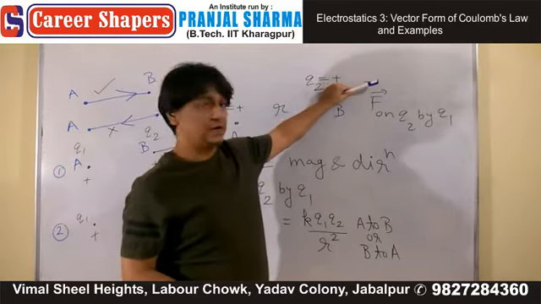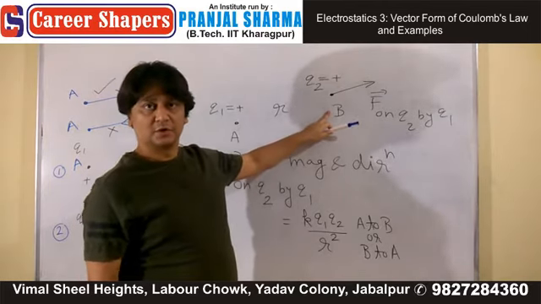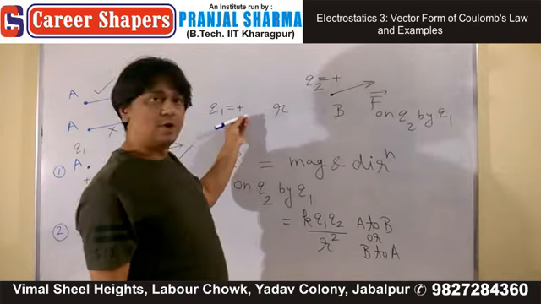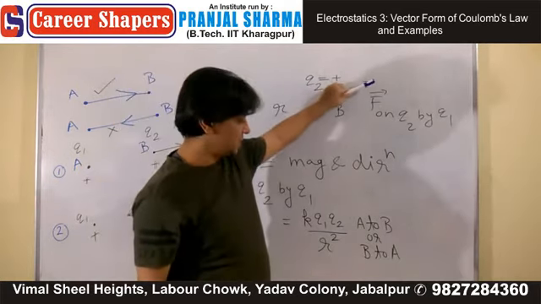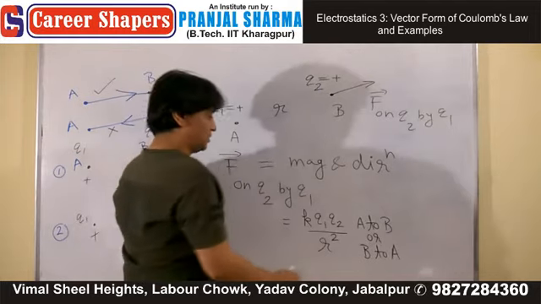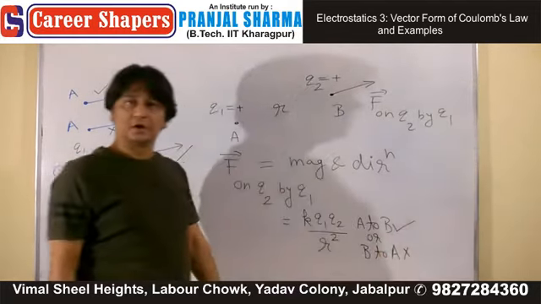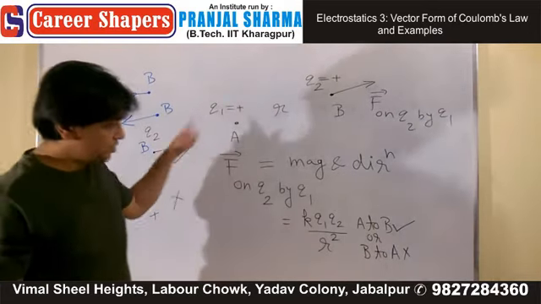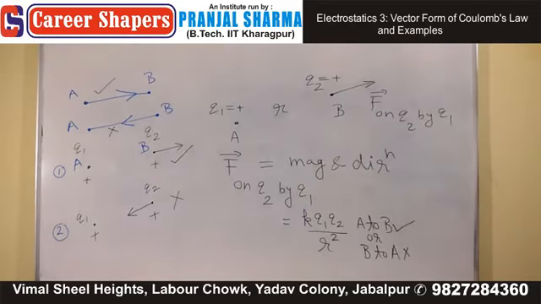A to B. Had it been a negative charge, then direction would have been B to A. But right now, this is A to B. And therefore, this is correct, this is not. Go down this much first. Go down everything first.